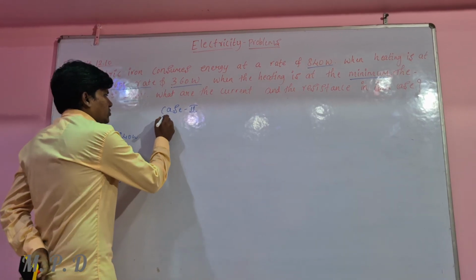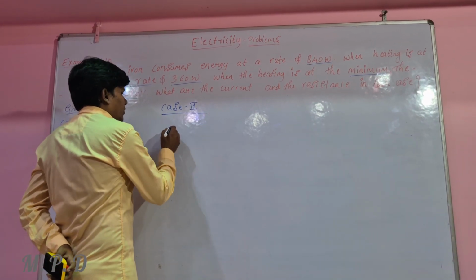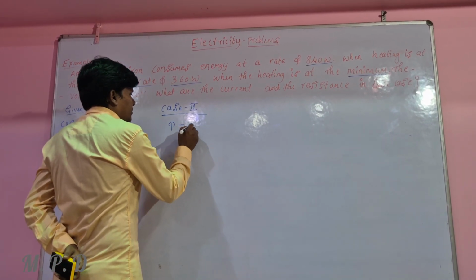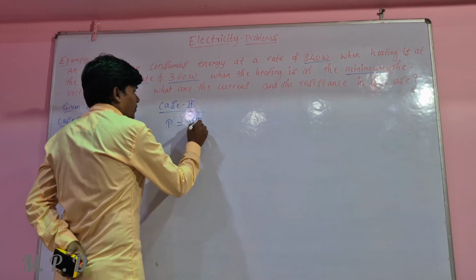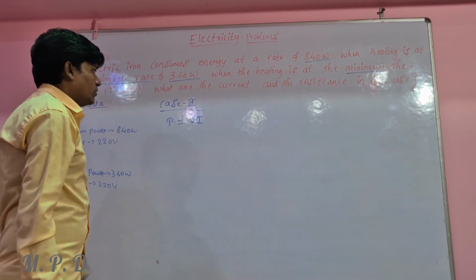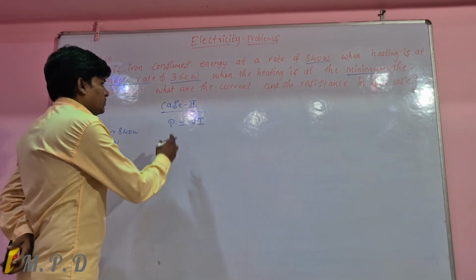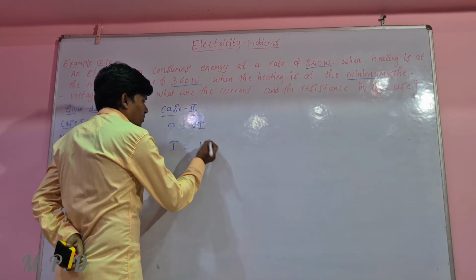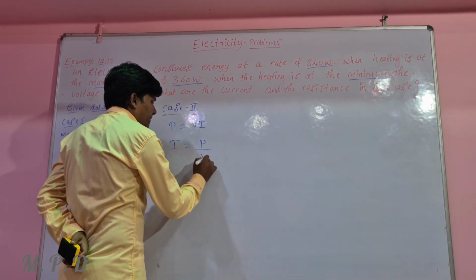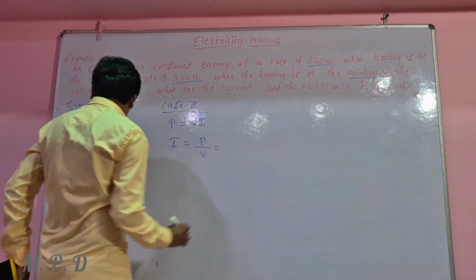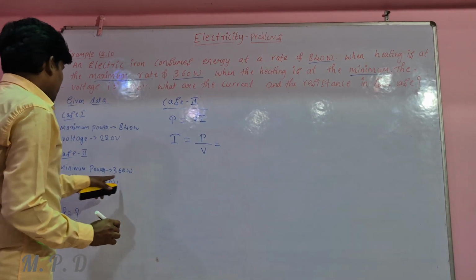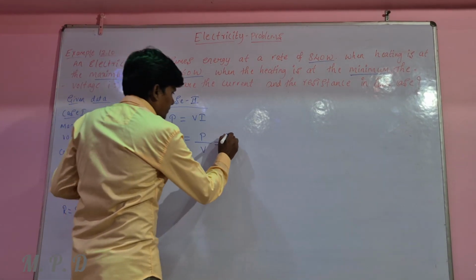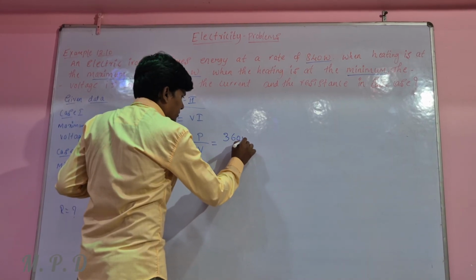Now we can solve the case 2. We know the formula, P is equal to V I. We don't have the I, and we have to take I here. I is equal to P divided by V. What is the power? In case 2, the power is 360 watt.